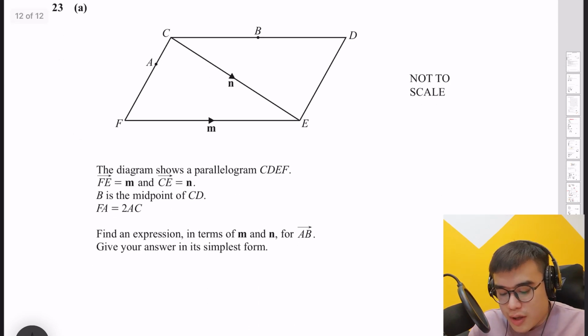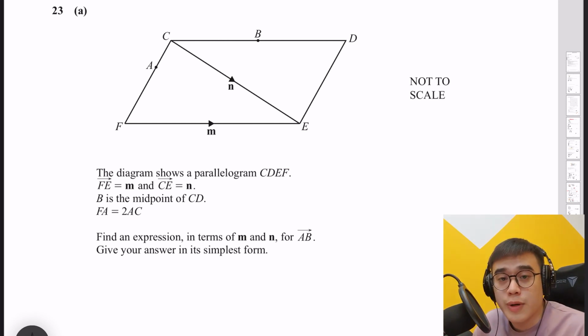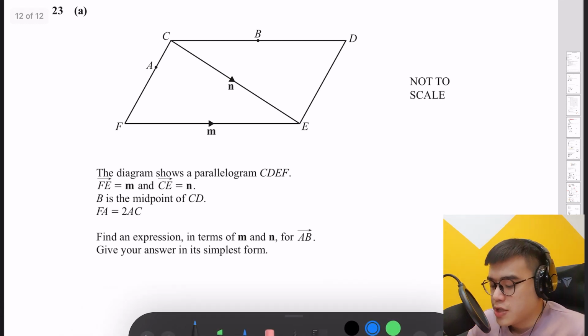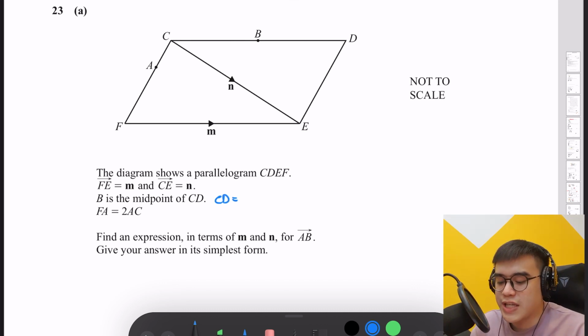Question 23, which is the last question here. As per usual, I will first tackle the information given by the question. The only thing that caught my eye was that B is the midpoint of CD.